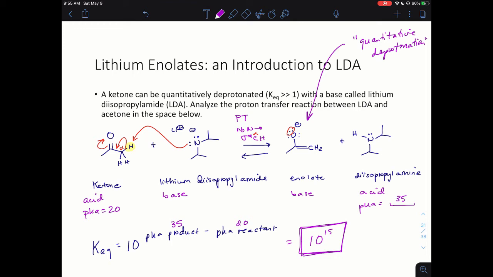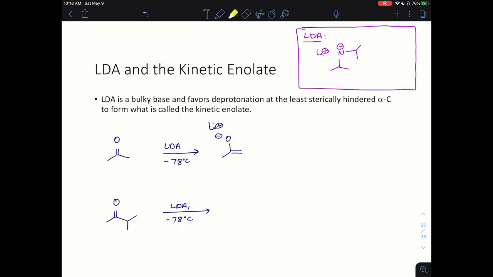And what we've done here is we've just used a much, much stronger base. We just investigated the deprotonation of acetone with LDA to 100% make the enolate. The equilibrium constant was quite large. It's 10 to the 15.